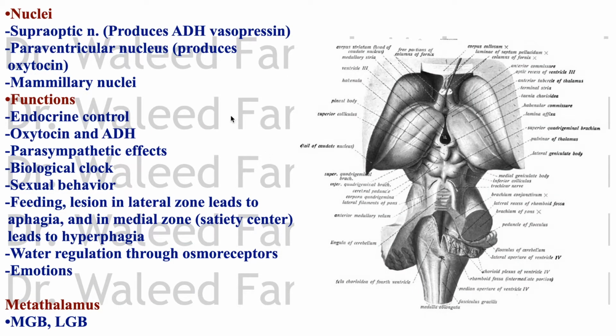Nuclei of the hypothalamus: we have the supraoptic nucleus, which produces the antidiuretic hormone, also called vasopressin, because it has a direct constricting action on the blood vessels. The paraventricular nucleus produces oxytocin. Remember, oxytocin is responsible for the ejection of milk and uterine contractions in females.